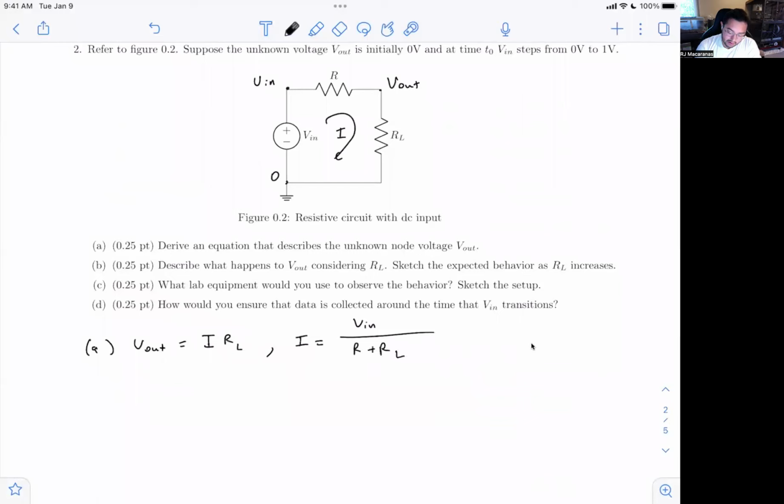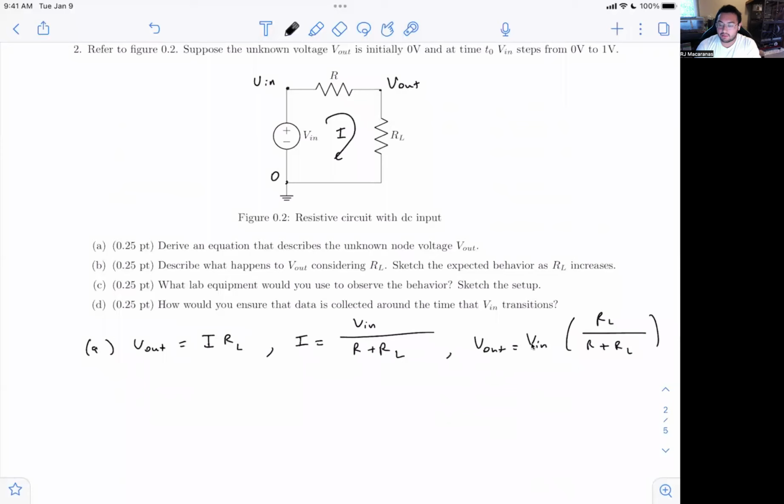We're applying Vin across this path of elements in series. We find that equivalent resistance there. We divide Vin by it, and that gives us the current, which then gives us that Vout is Vin times this ratio of RL divided by R plus RL.